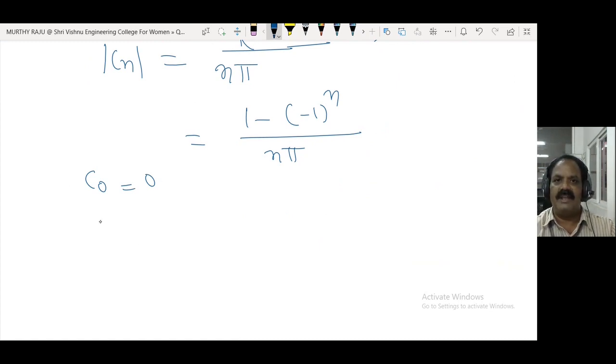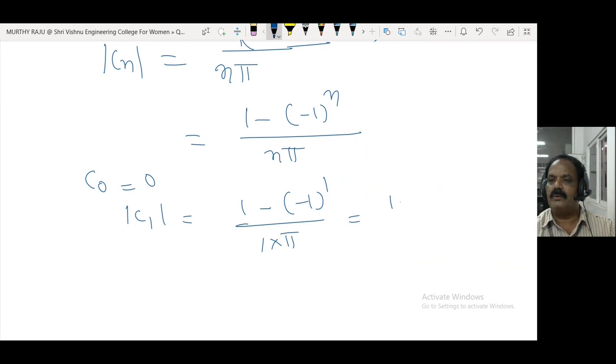Suppose n is equal to 1. Mod C1 is equal to 1 minus of minus 1 whole power 1, by 1 into pi. That is equal to 1 plus 1 by pi, that is 2 by pi. N is equal to minus 1.